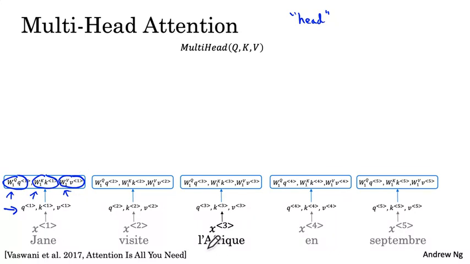For the sake of intuition, you might find it useful to think of W1q, W1k, and W1v as being learned to help ask and answer the question, what's happening there? And so this is just more or less the self-attention example that we walked through earlier in the previous video.